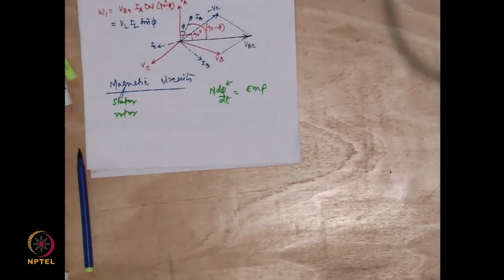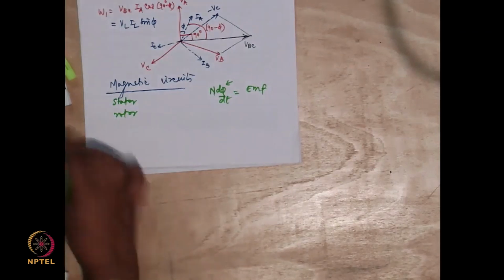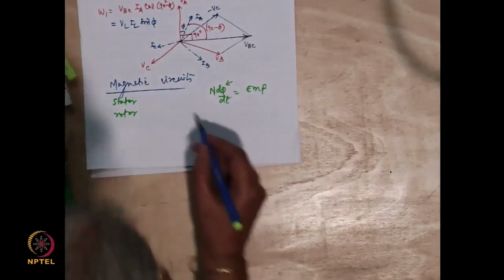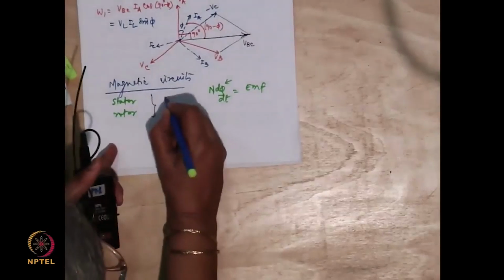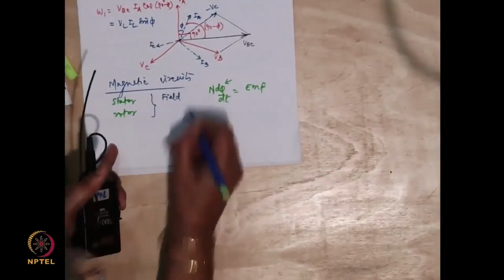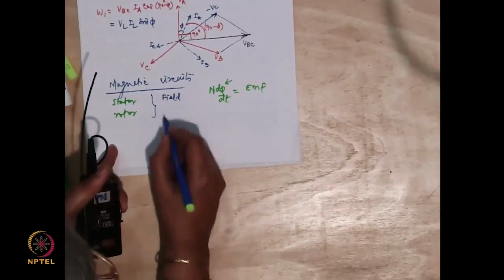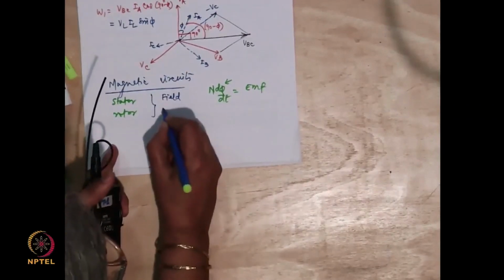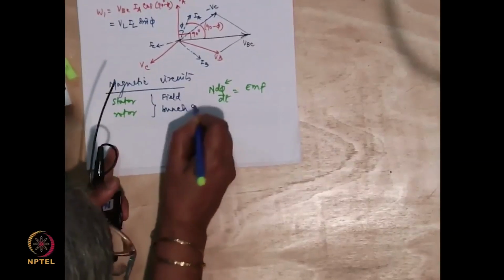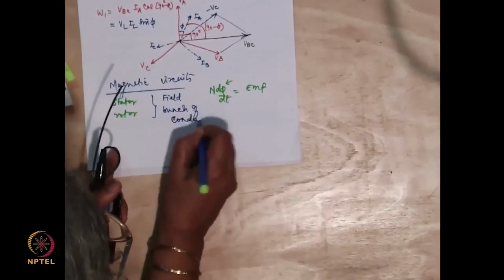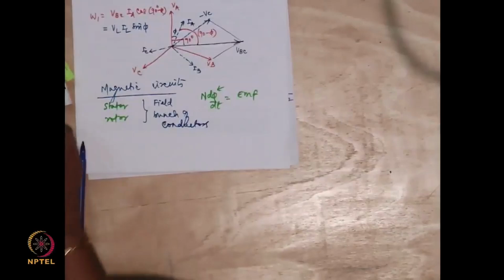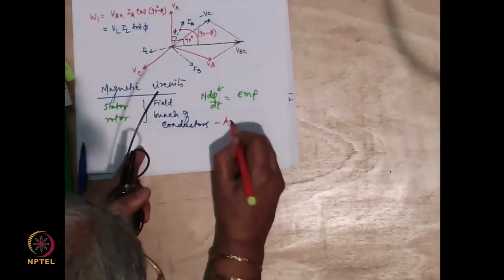So we have stator and rotor are the two portions in an electrical machine where one will be accommodating the field which will produce magnetism. The other one may be accommodating the bunch of conductors in which electricity is produced, which we call as armature.